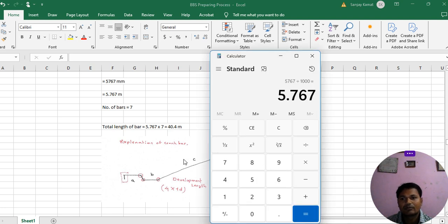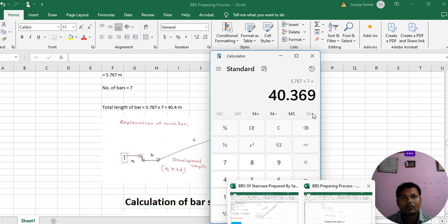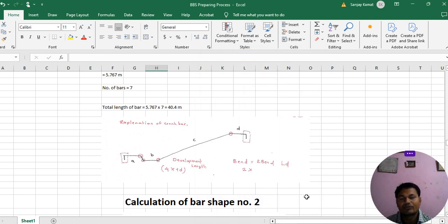Let us do it in the calculator. 5.767 multiplied by 7, how much is it coming? 40.369. So approximately this is 40.4. Okay, 40.4 meters it is coming.